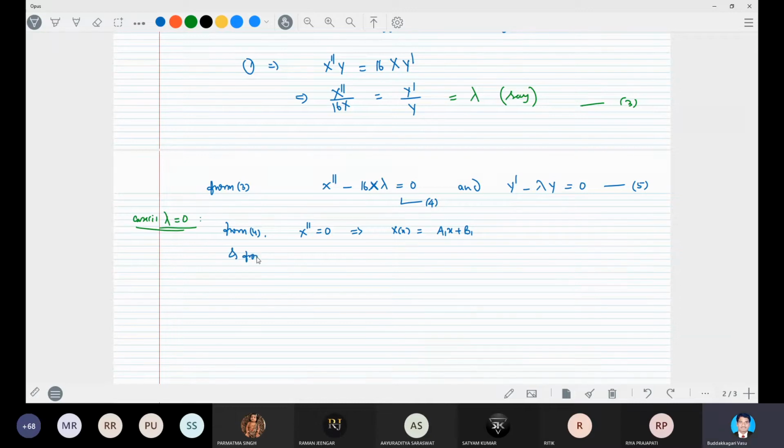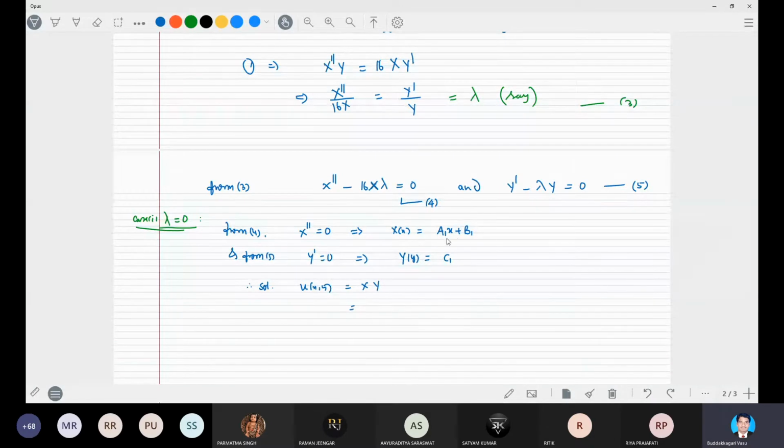And from 5, capital Y dash is equal to 0. That implies capital Y of y is equal to c1.